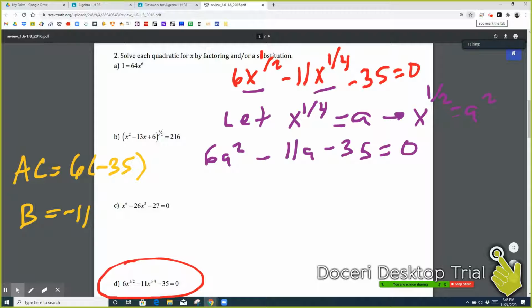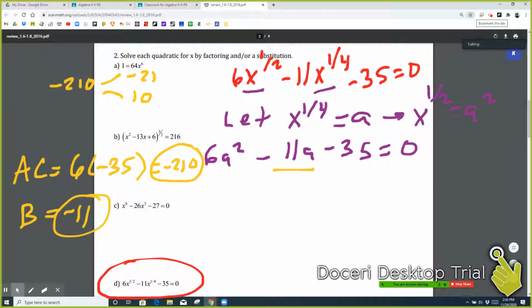So we got negative 210, which is nice because I could see which numbers we need right away. If I need to find two numbers that multiply to negative 210 and add to negative 11, I could see that negative 210 is equal to negative 21 times 10. So that has a sum of negative 11 and a product of negative 210, which means we could factor this.